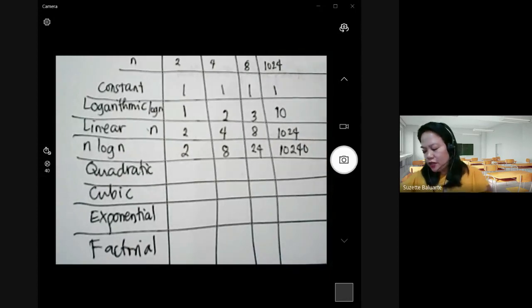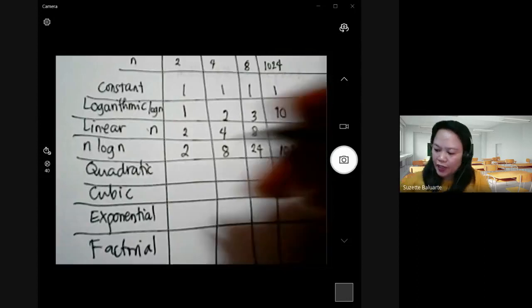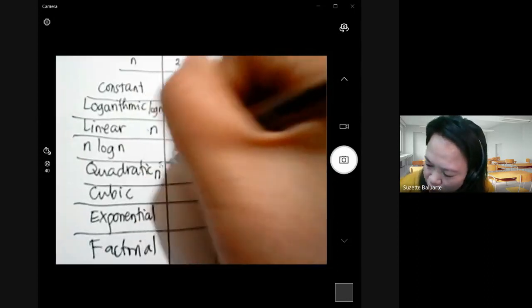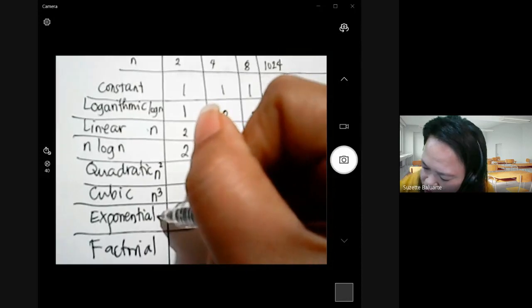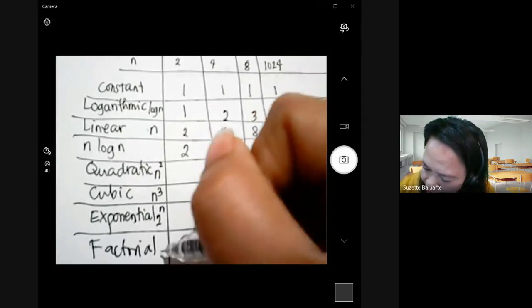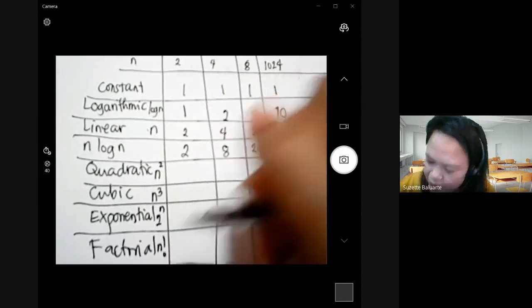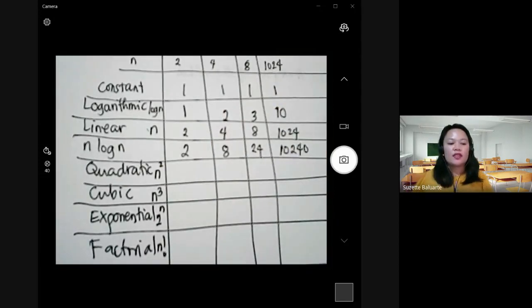How about in quadratic? So, what is quadratic? It is n squared. This is n cube. This is 2 to the n, and then this is n factorial. Right? Okay.